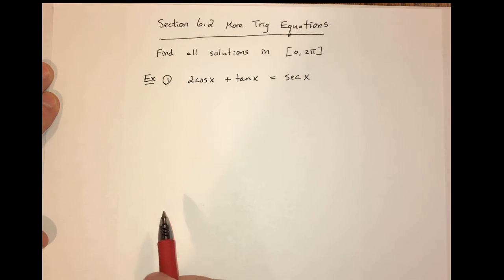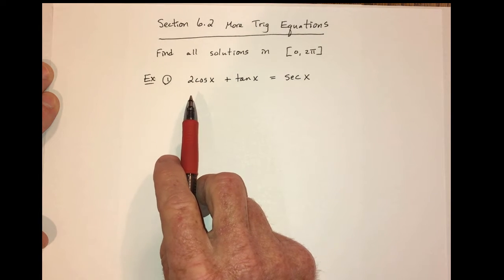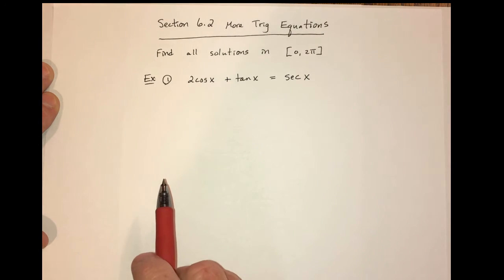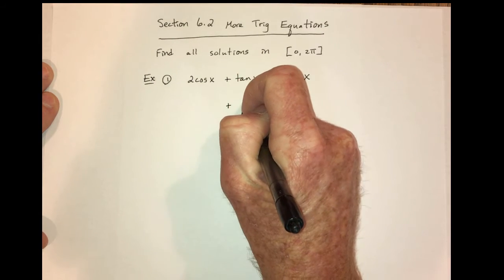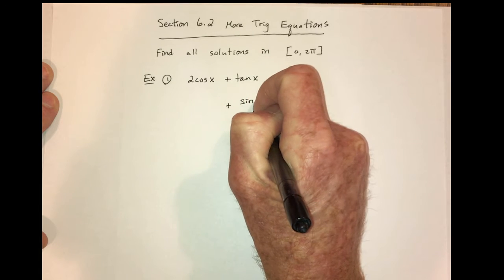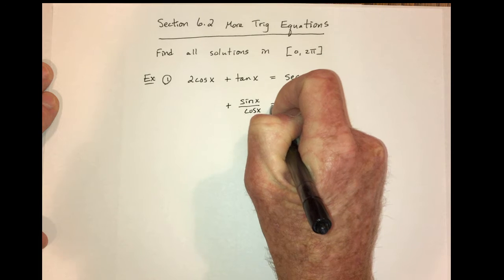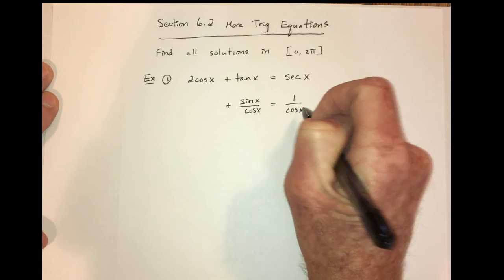So one of the most important ideas when solving trig equations is you need to get one trig function equal to one number. So somehow we have to change all of this so that it's just one trig function. So we need to use some trig identities, like tangent is sine over cosine, and secant is 1 over cosine.